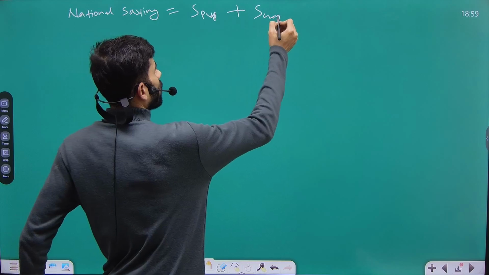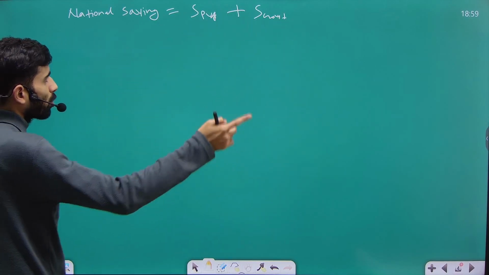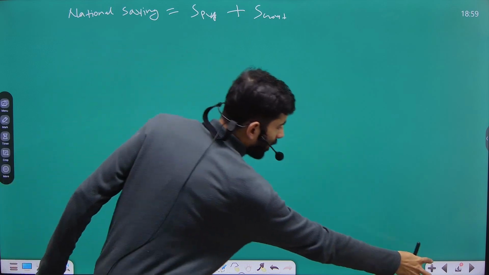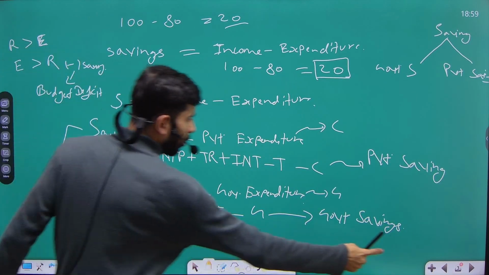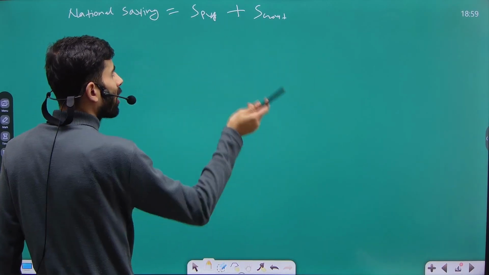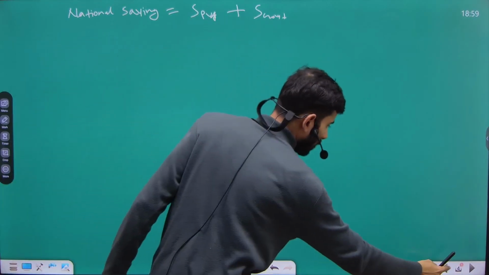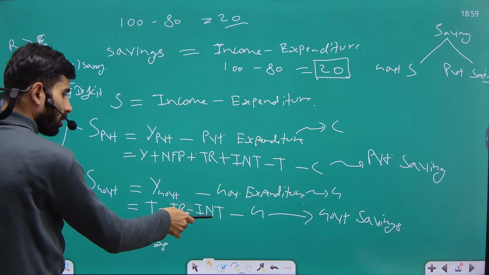So national saving is the summation of private saving and government saving. Let's substitute the value of private saving and government saving from these two equations.